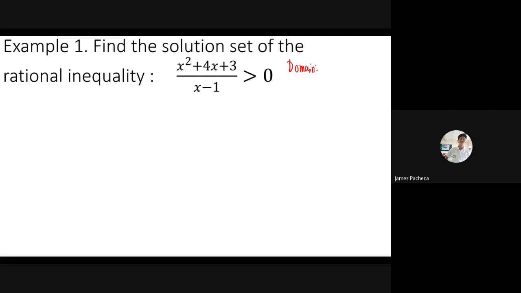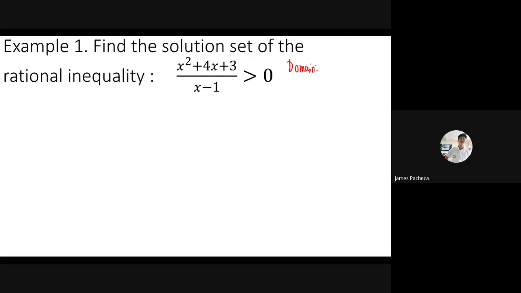Yung domain, hanapin natin yung magpapa-undefined doon sa given. Nagiging undefined ang given kapag yung denominator natin ay 0. Kailan magiging 0 ang denominator natin dyan sa given na x squared plus 4x plus 3 over x minus 1 to be greater than 0?